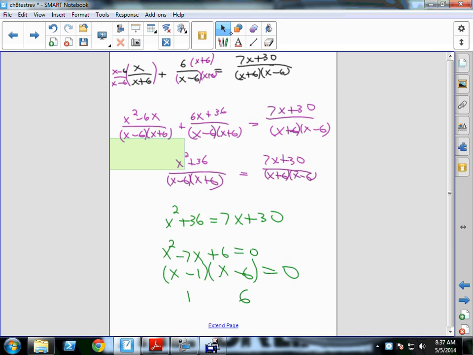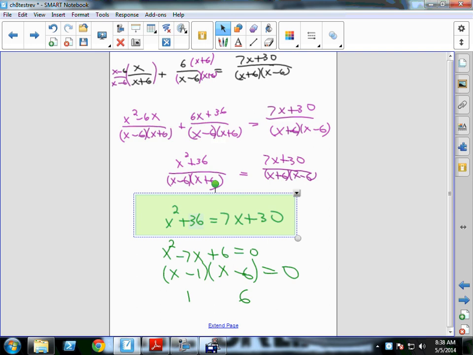The original equation basically just stayed the same. And then once I got the same denominator, I just combine like terms and get the numerator there. Then the denominator kind of goes away, and I just set it equal to 0 and factor. Okay.